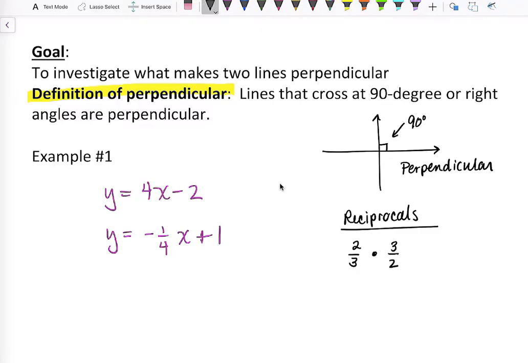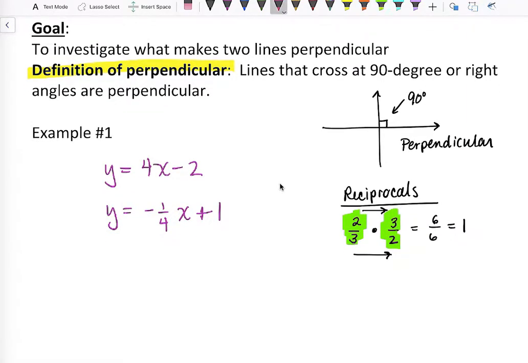When we multiply those together, we get 6/6, which equals 1. So 2/3 and 3/2 are reciprocals. You could also think of 1/5 and 5/1, those are also reciprocals. When you take 1/5 of 5, you get 5/5, which is equal to 1. So 1/5 and 5/1 are reciprocals because when we multiply them together, their product equals 1.